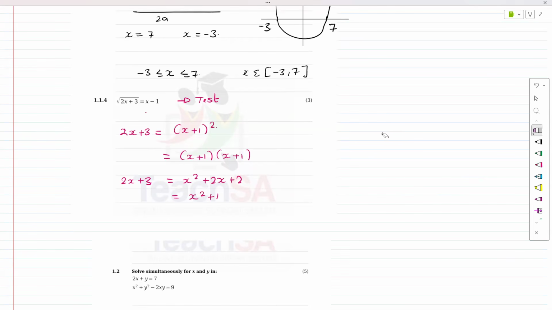Because firstly, I'm a bit blind, that was minus 1. So yeah, it's minus 1, so that's minus 2x. So this is x squared minus 4x, and that will be 2.